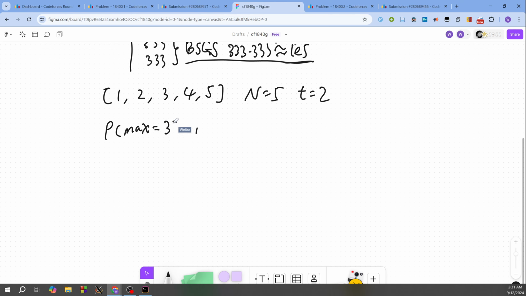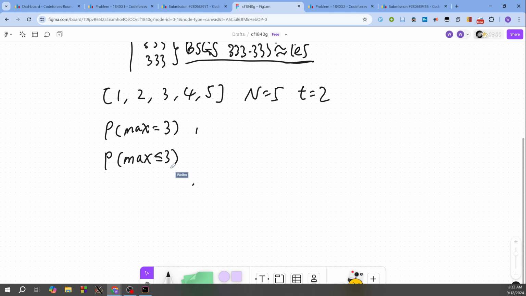Let's say it equals 3. This is not a very convenient way to calculate or to reason about. But if we do it another way, if we can calculate the probability that the maximum value is less than or equal to 3, that's easier to reason about.